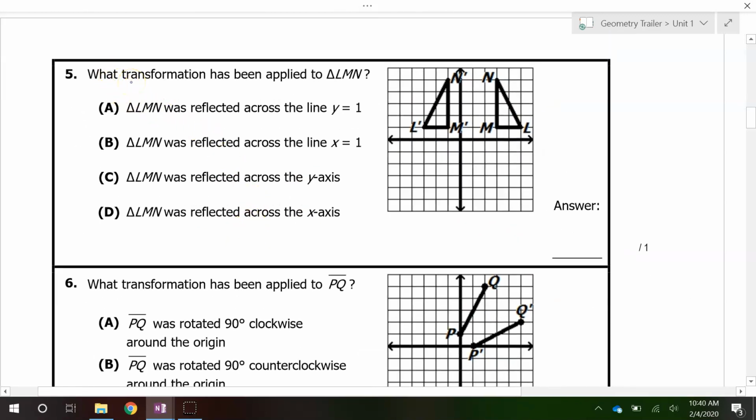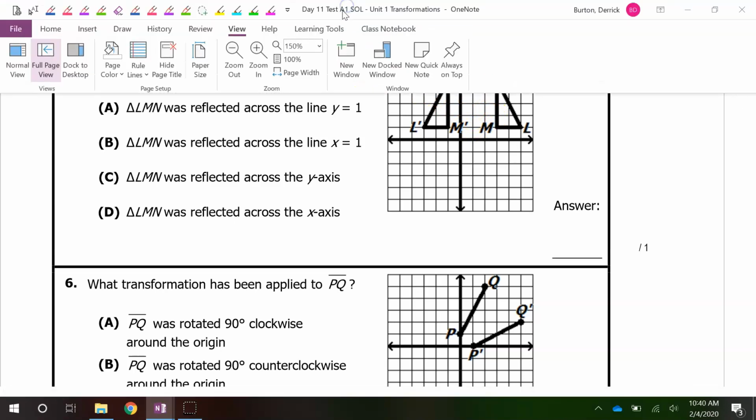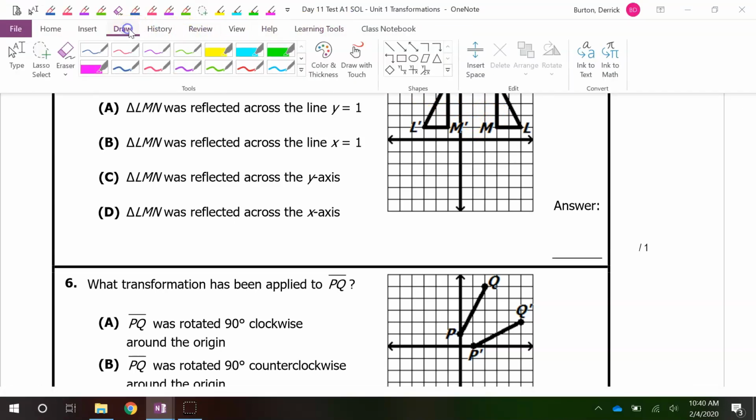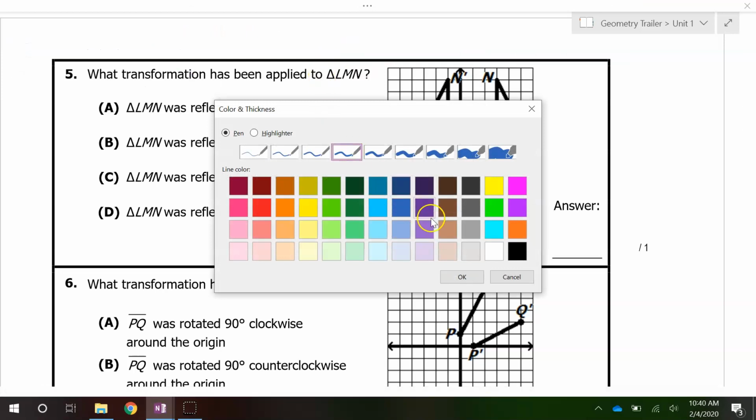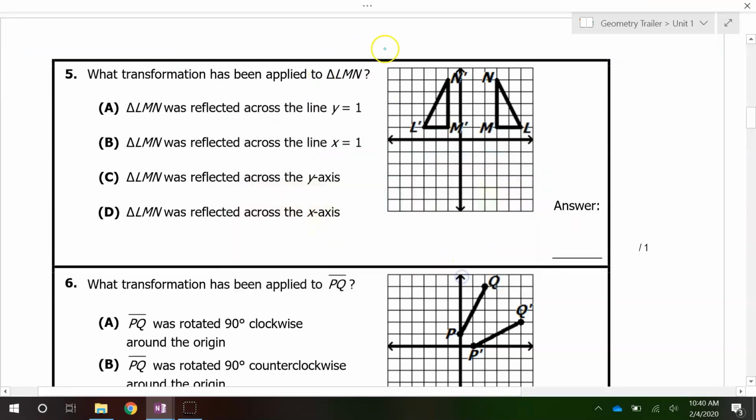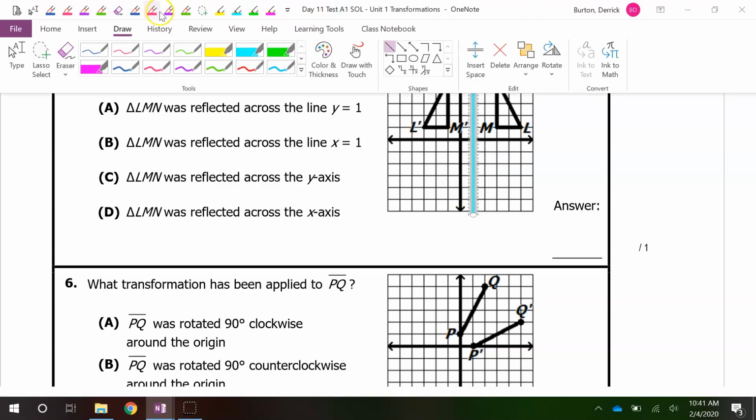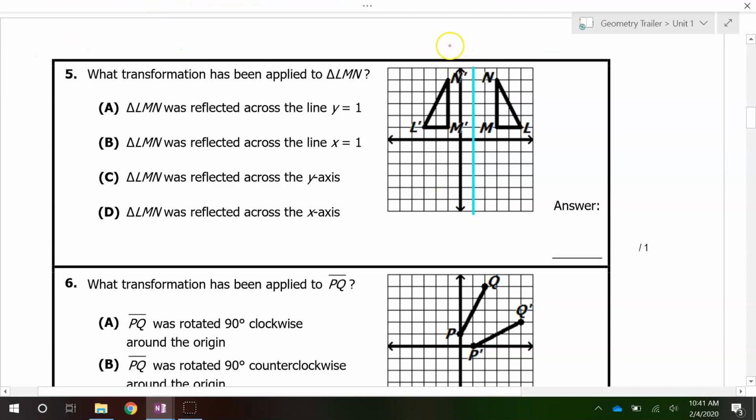Okay, what transformation has been applied to triangle LMN? So look for the reflection line. All right, where is the mirror line? So right in between these two triangles is a vertical line right here. Now, vertical lines have the equation x equals something.